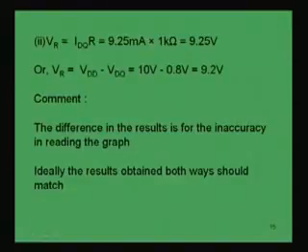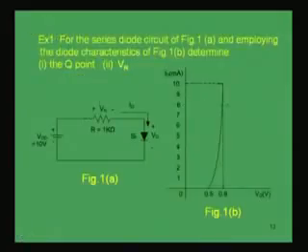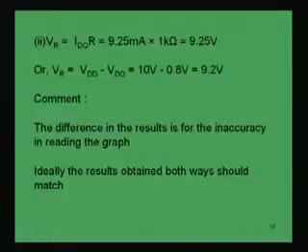Now, this is one way of finding VR, but there is another way. This VR is nothing but this voltage minus this drop. Both ways should actually match if we correctly measure this graph. So, VR is equal to VDD minus VDQ. So, 10 volt minus 0.8 volt is 9.2 volts.